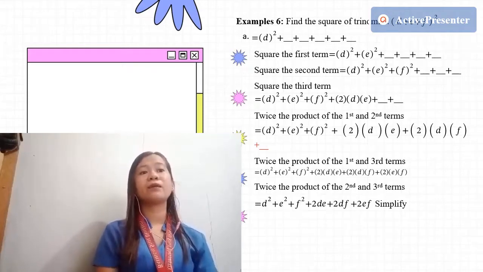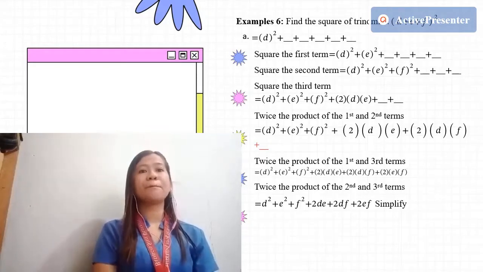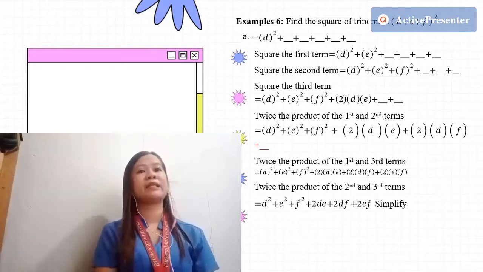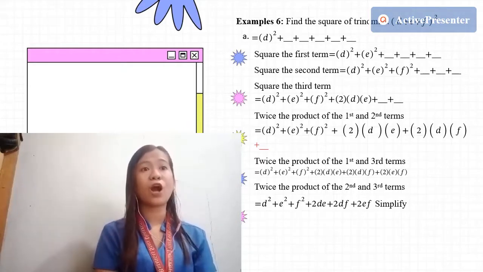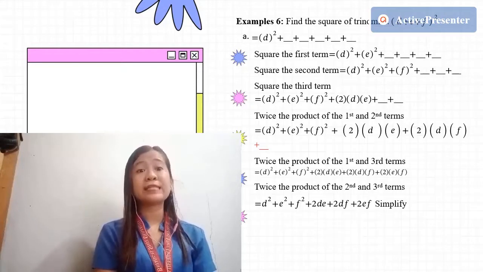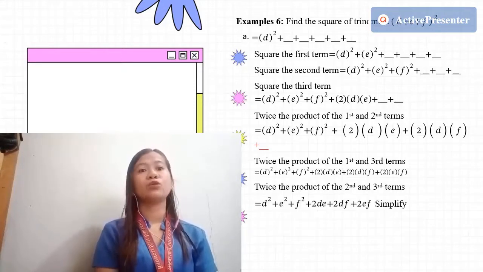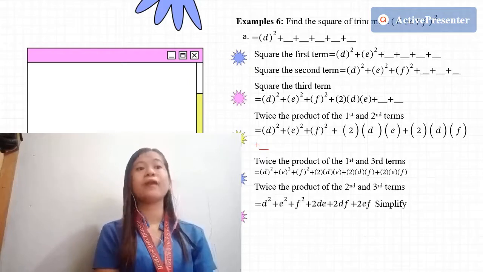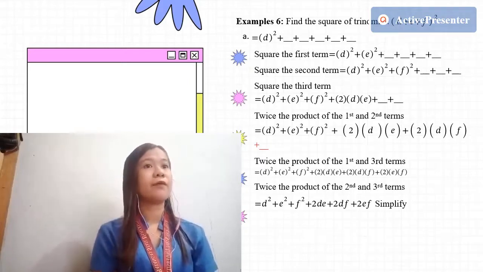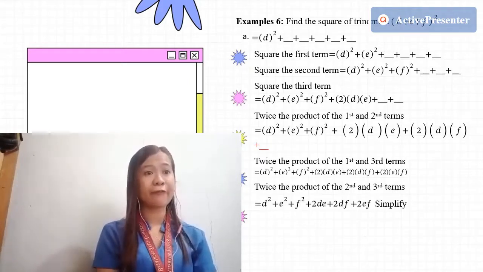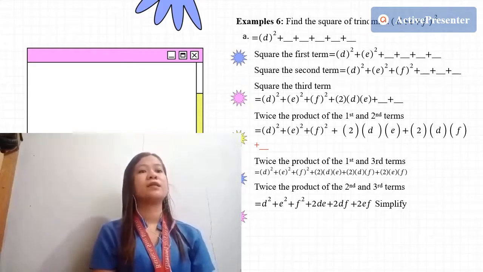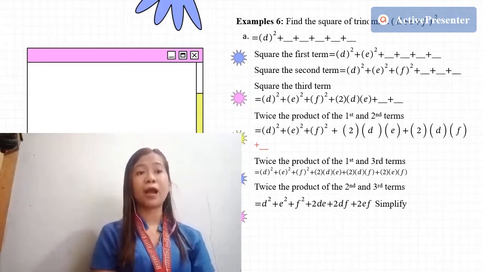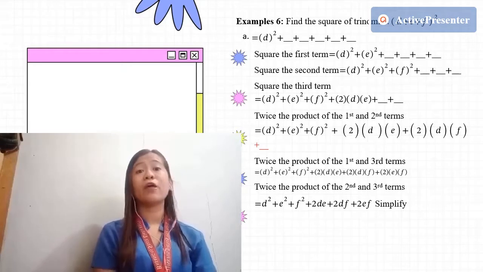For the fifth term in the given, we have to get the product of the first and third, then times 2 or double. So we're going to have the first and last. We have d and f, then times 2, so we have 2df. For the sixth term, we're going to take twice the product of the second and third term.